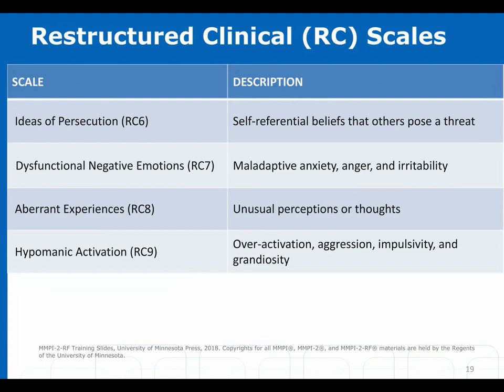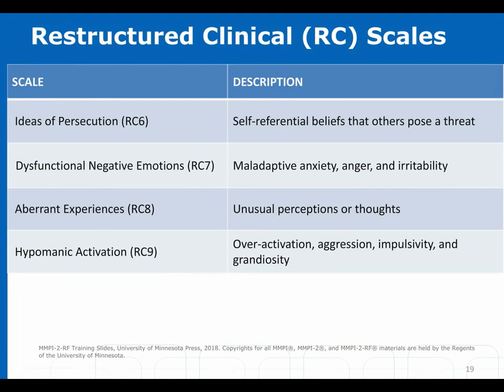Potentially, individuals with PTSD could have flashbacks that are forms of aberrant experiences, and so you could see high RC8 scores in that case. Or, of course, if somebody is experiencing hallucinations as a result of schizophrenia, they may also have a high score on RC8.